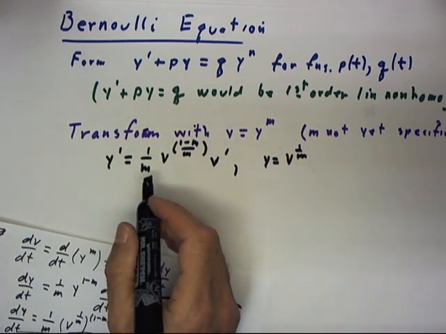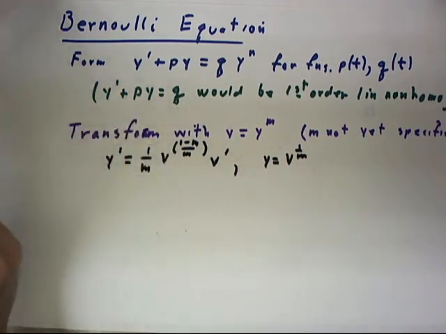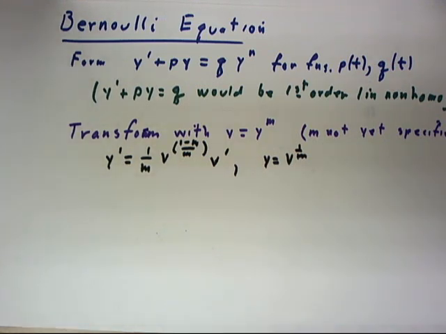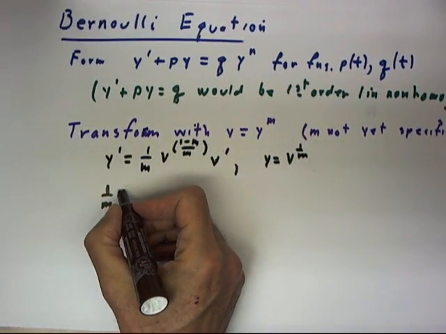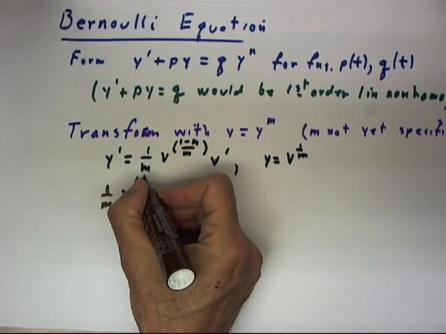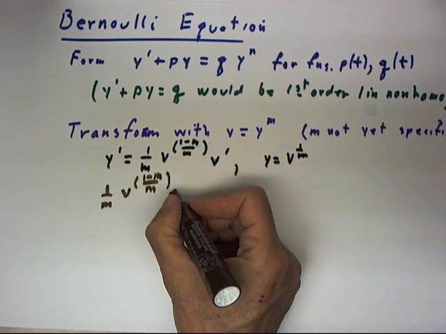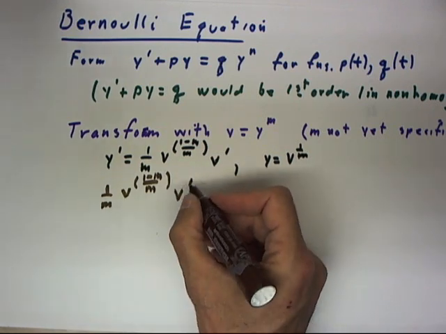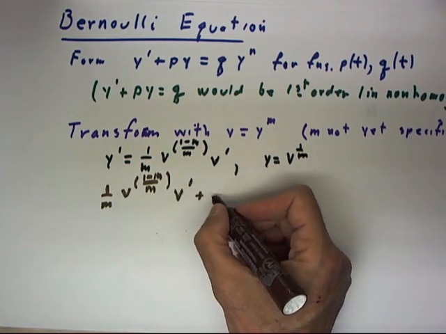Our equation therefore translates into the equation. This is y prime, that's going to be 1 over m v to the quantity 1 minus m over m times v prime plus p, now I'm going to write that as p of t.